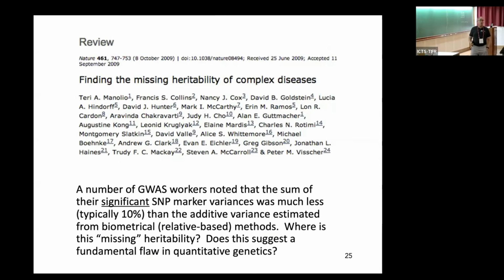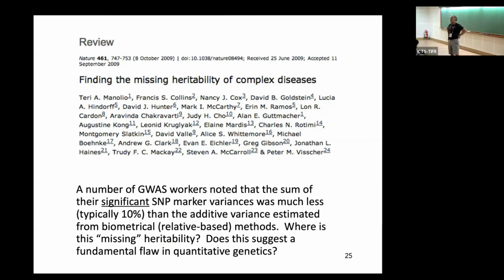One of the early results was missing heritability. The upshot was, people know from parent-offspring, full sib, and half sib that the heritability of height is 0.7 to 0.8. You can fiddle with that a little bit, but it's still 0.7 to 0.8. Early on, people looked at their significant SNPs for height, and they could account for not 0.7 or 0.8, but 0.1.